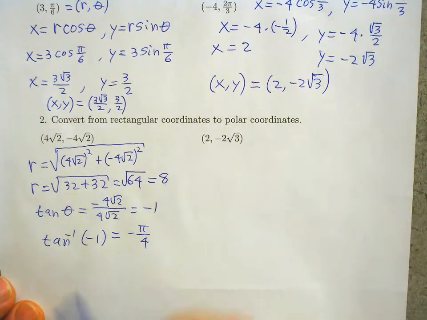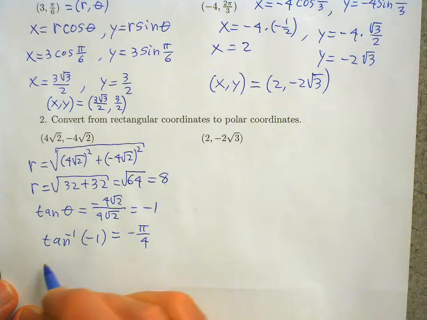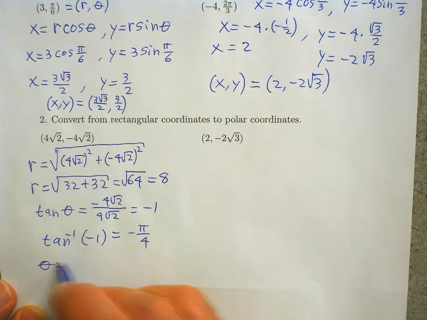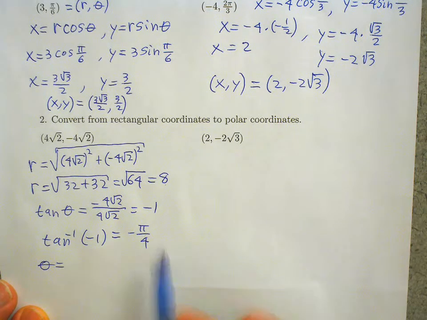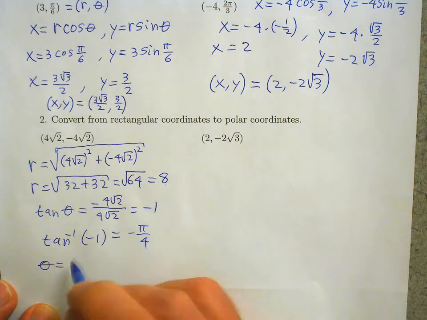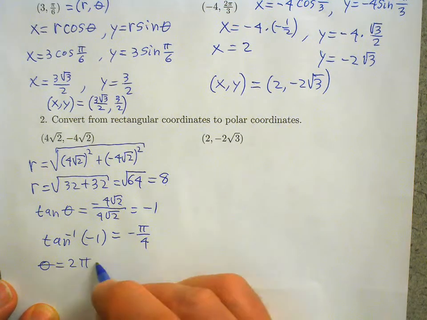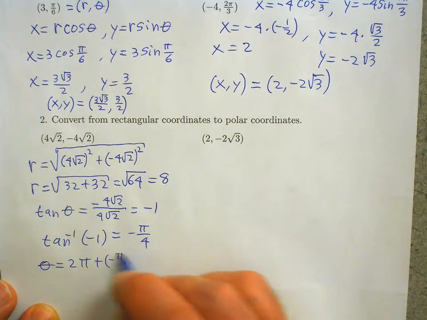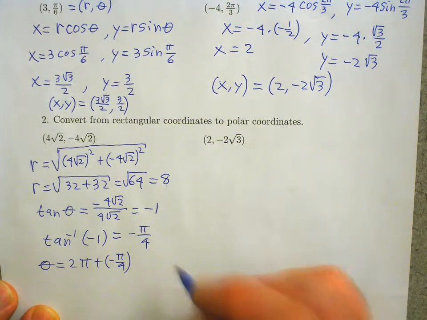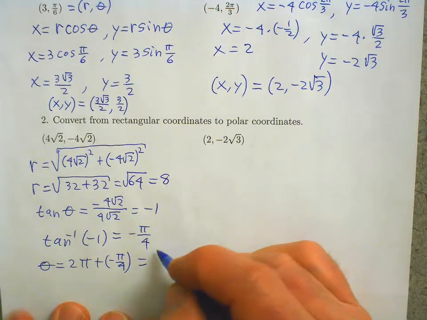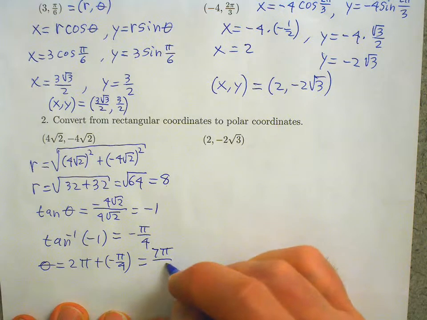So if we want theta to be between 0 and 2 pi, then we can just add one cycle or one rotation, add 2 pi to negative pi over 4. So we get 7 pi over 4.